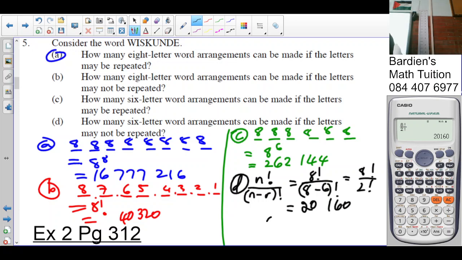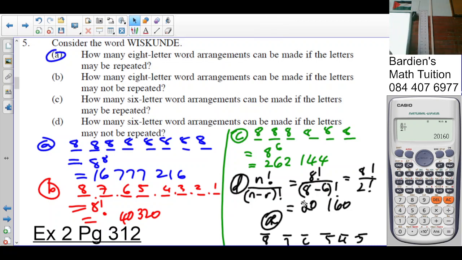Or we could have used the bits and said it's going to be 8 times 7 times 6 times 5 times 4 times 3. That also should give you the same answer, 20,160.